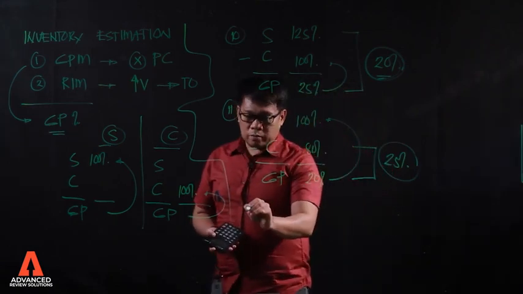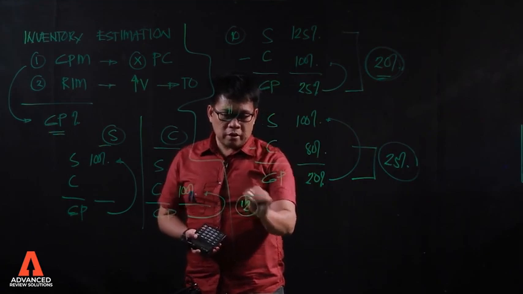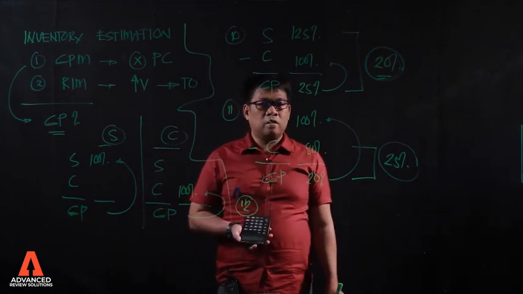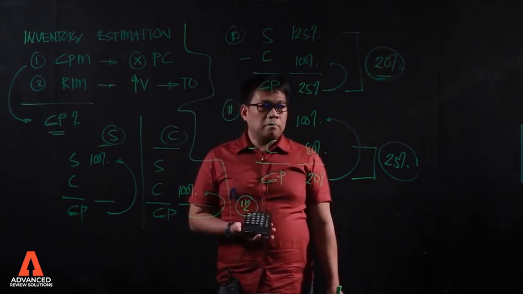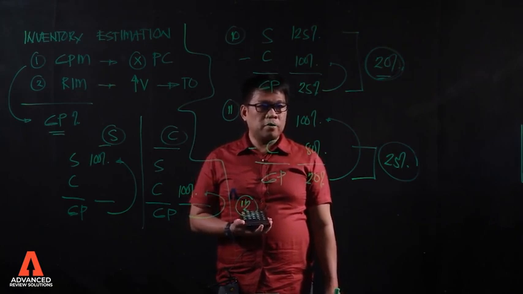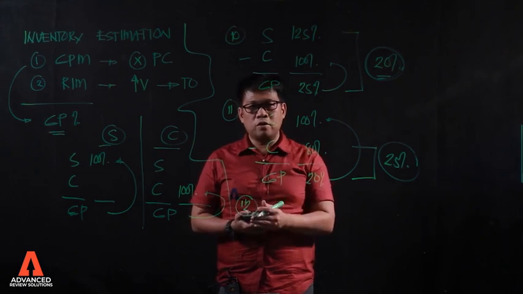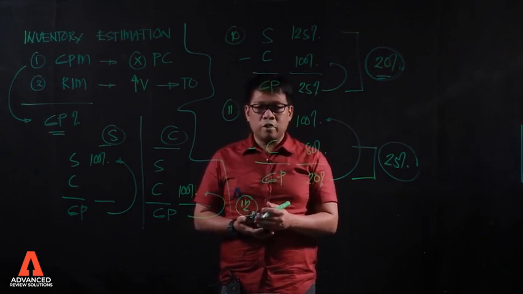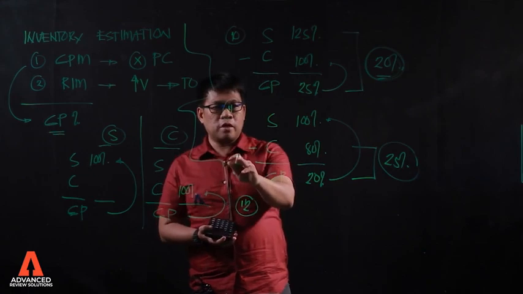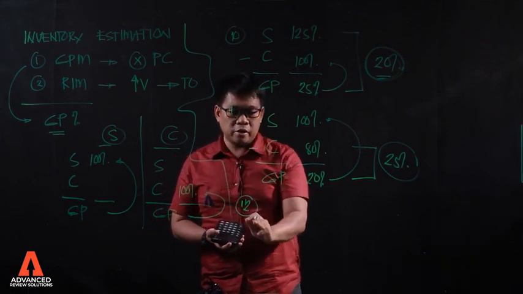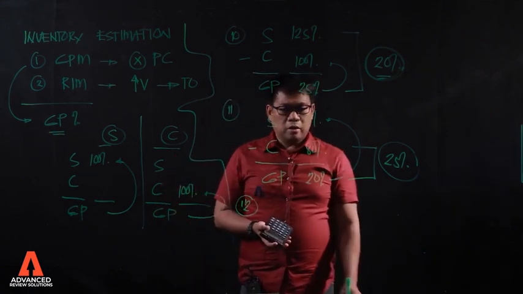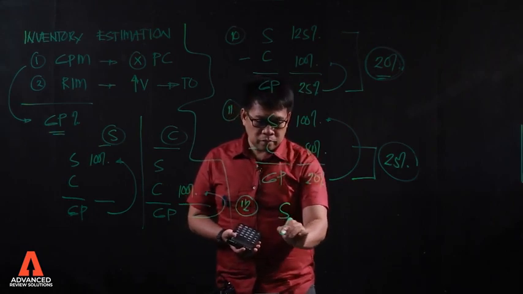Let's now go to item 12. In item 12, ang tanong dyan, class, ganito. If the gross profit rate based on sales is 20%, what is the cost ratio? Okay? Cost ratio is computed by using the formula cost of sales divided by sales. In item 12, ang sabi niya ay ganito.